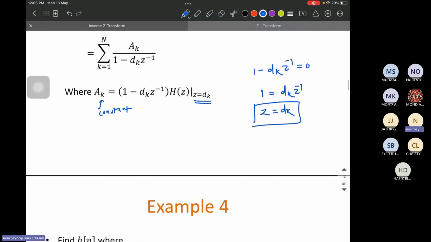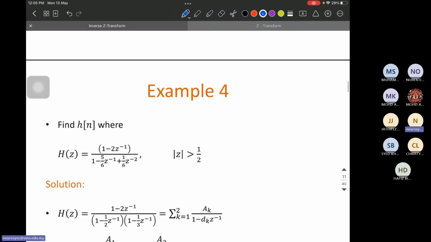Now on this we will take one example. In this example, find h of n where H of z is given. You can see this is not in the standard form; this is a ratio of polynomials. The numerator polynomial has the highest power of z inverse equal to 1, therefore M here is equal to 1.